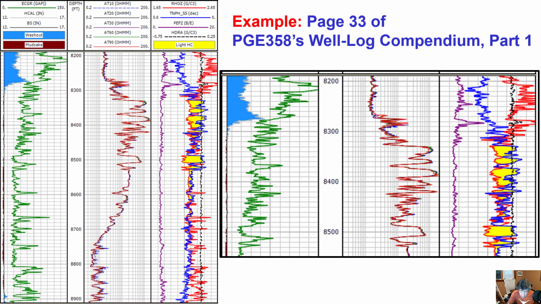And I did mention something about the gamma ray log during class, but if you look at the gamma ray log at the top portion of this figure, over here, higher than 8,500 feet measured depth, what we see is that the gamma ray log values begin to increase.